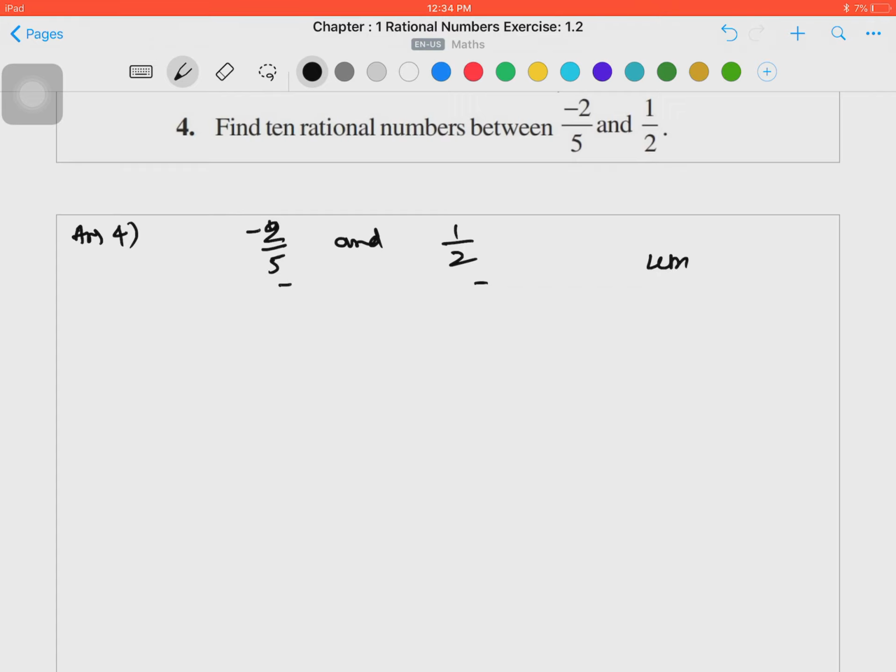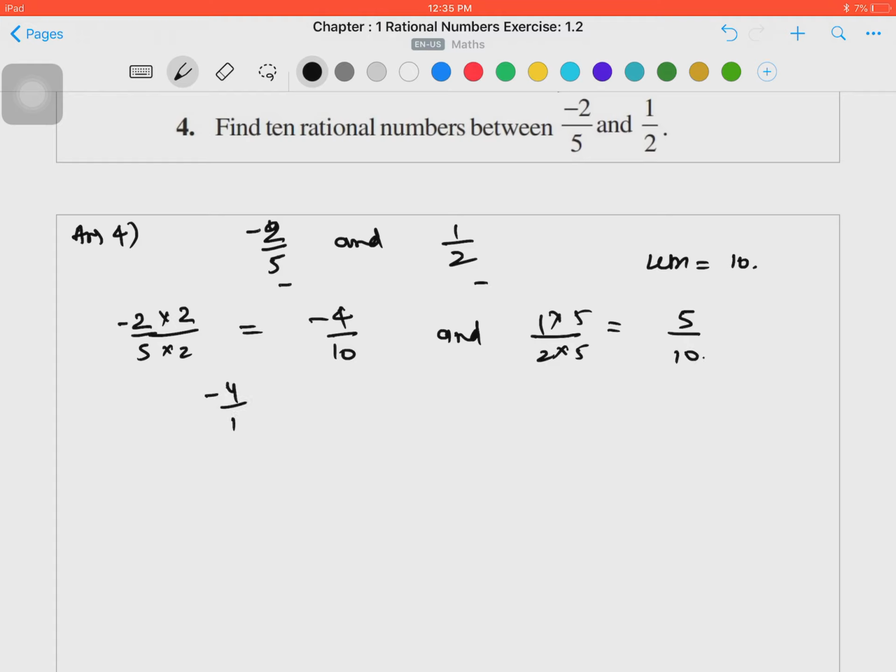The LCM of 5 and 2 is 10. So in order to make both denominators 10, we multiply by 2 in numerator and denominator, so it will be -4 by 10, and for the second number we multiply by 5, so it will be 5 by 10. So the numbers are -4 by 10 and upper number is 5 by 10.